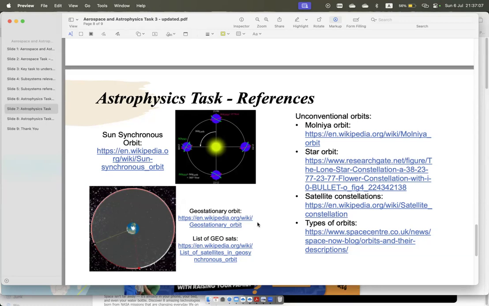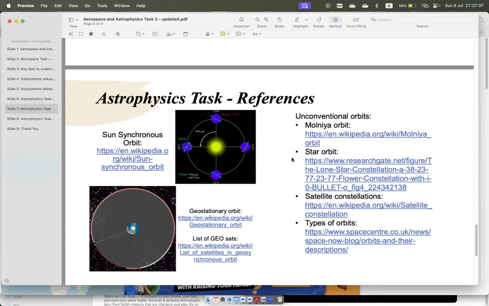Most satellite TV broadcasts are from geostationary orbit, because that allows you to put your dish on your house and that's it forever, so to speak, because the satellite doesn't move much. So this is very useful for TV broadcasts. You can check out this link to see the many satellites in this orbit.